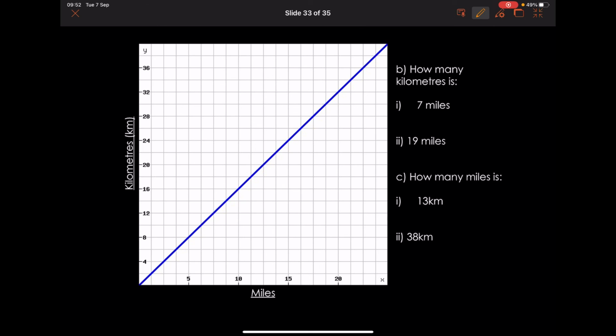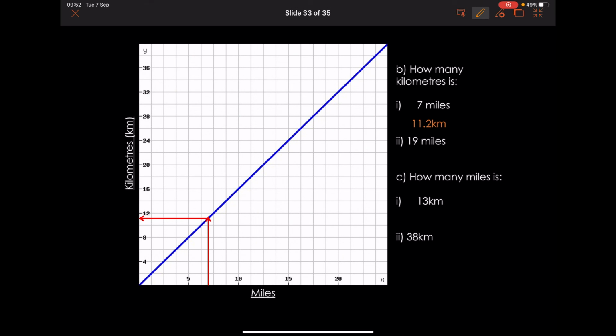How many kilometres is 7 miles? So we can go to 7 miles on our grid and across there, and that gives us 11.2 kilometres, okay? Now, the next one is 19 miles.